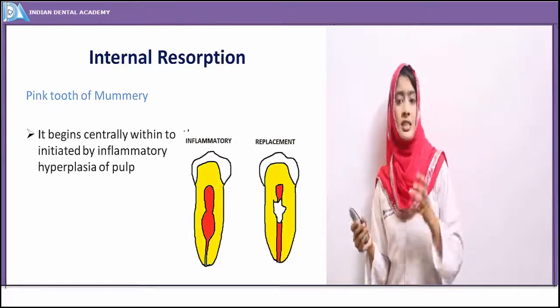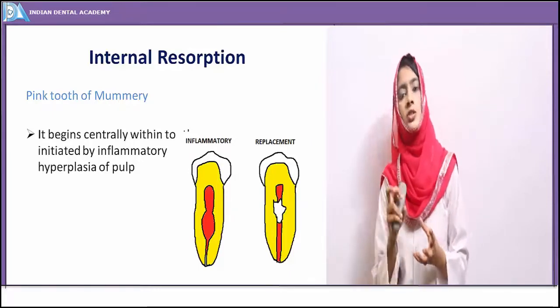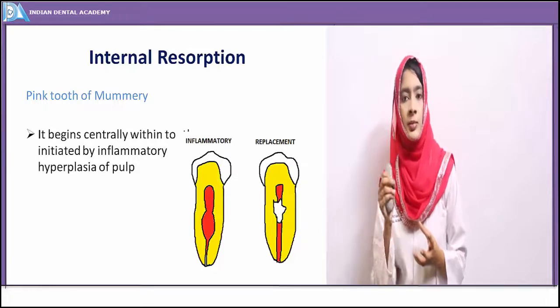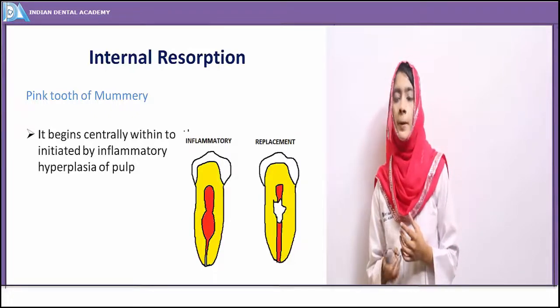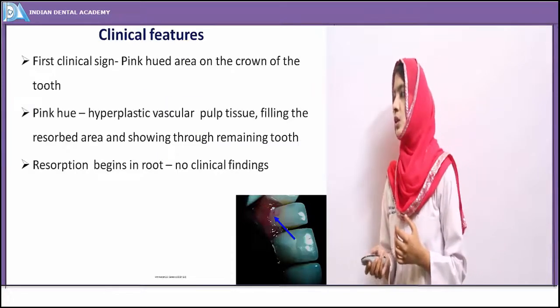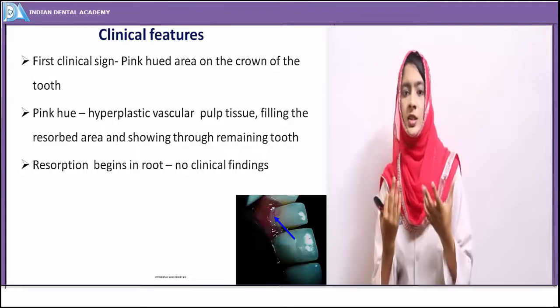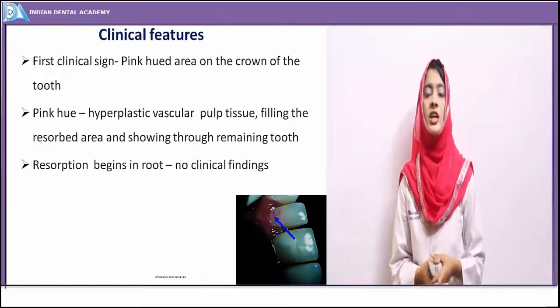The central resorption occurring in the tooth is basically due to an inflammatory process. There is inflammatory hyperplasia of the pulp tissue. As the first clinical sign, there is no evidence of periapical infection initially.